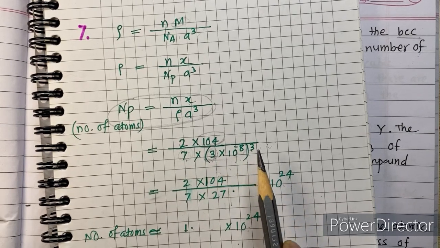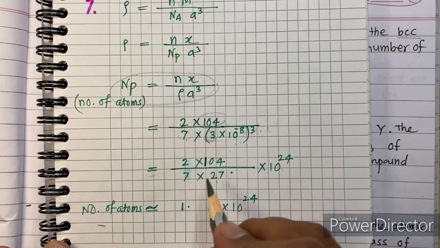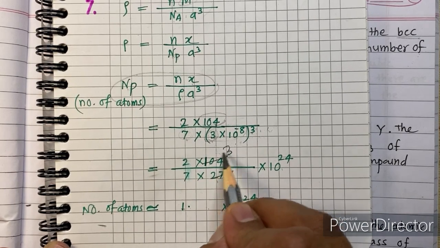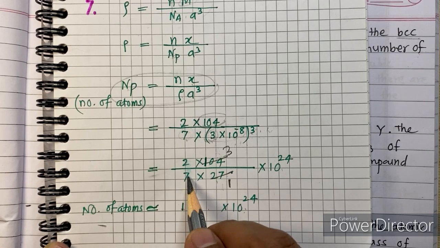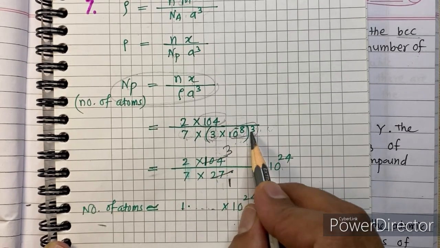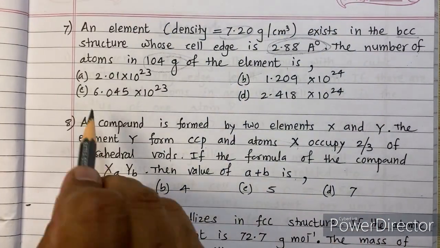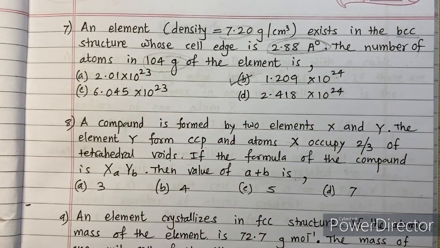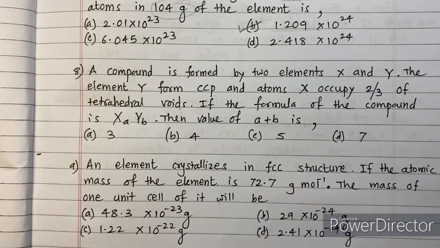Now it is a cube. Now 3 cube is 27. Here 27, and here 3 2s are 6, and here 7, that is approximately 6 by 7, that is approximately 1 point something into 10 raised to 24. Now find out the answer here, 1 point something, this one. Therefore the answer is this. Take the round of figures, easy for calculation.